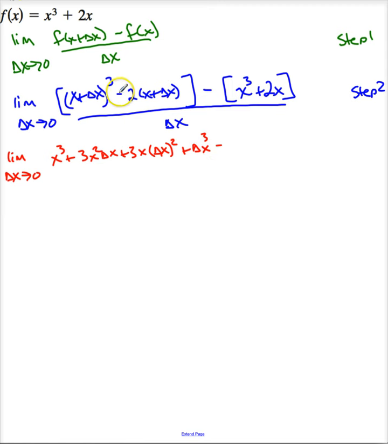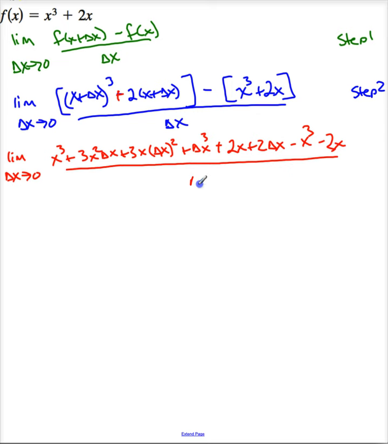All right, that should be a plus, shouldn't it? Sorry about that. That should be a plus 2x plus 2 delta x minus x cubed minus 2x all over delta x.